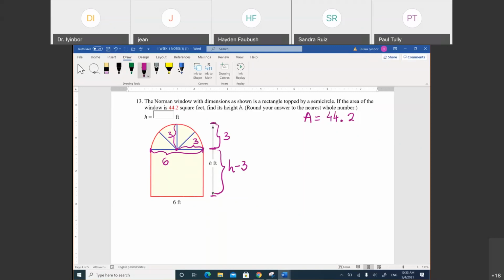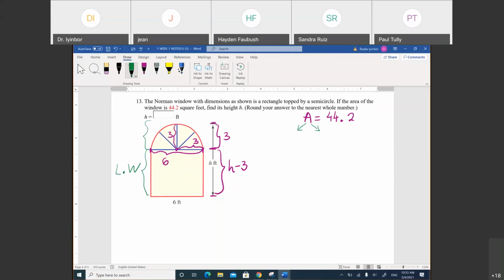So now we have all the dimensions we need to find the area of this window. The area of this window is going to be broken down to area of rectangle and area of semicircle, right? So the total area is 44.2. So the area is going to be the area of rectangle and the area of semicircle. What is the area of rectangle? It's the length times width, right? And what is the area of circle?